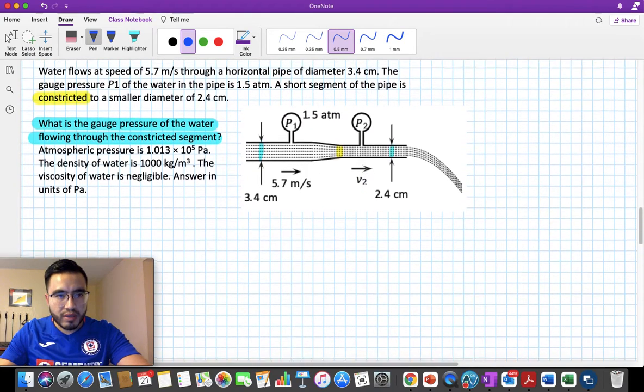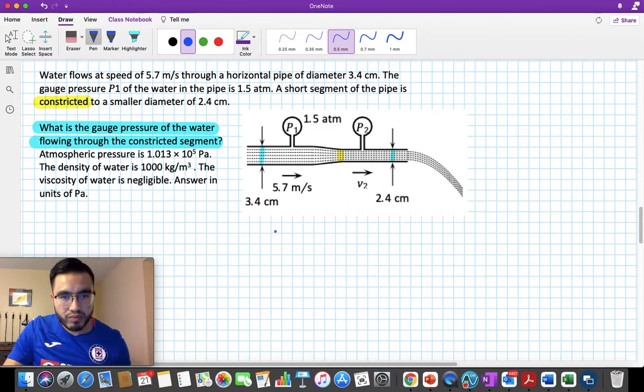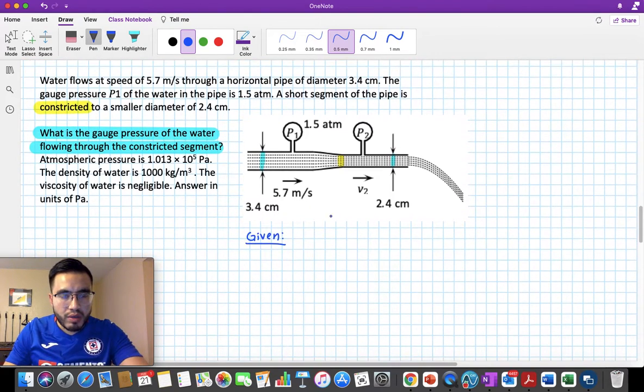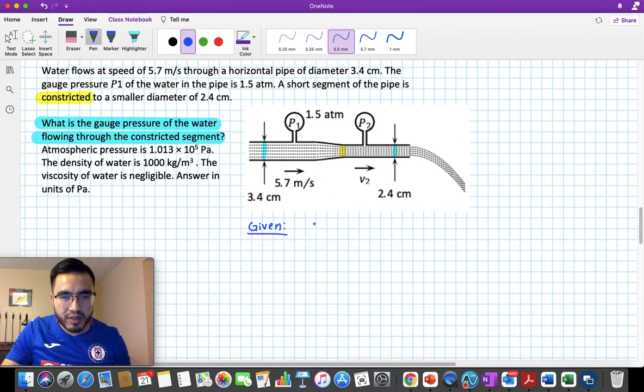So let us write down our given. We know velocity 1, the first velocity, is equal to 5.7 meters per second. And then we have this diameter for cross-sectional area 1.